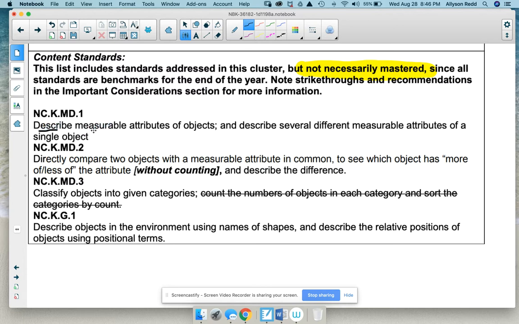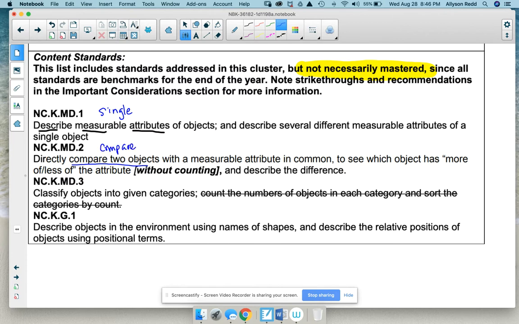Okay, so in this measurement and data strand, we have describing measurable attributes. So the qualities of the objects. Then we have in MD2 compare two objects. So really the difference between one and two is here we're talking about a single object. Oh, my handwriting is horrible. And here we're actually beginning to compare.